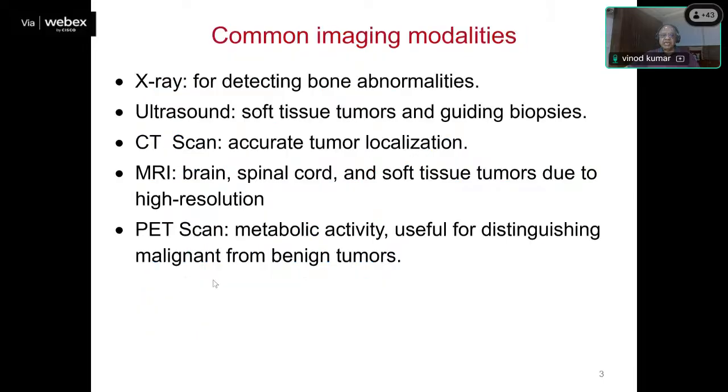So generally, in case of cancer, PET scanning is also used for differentiation between malignant and benign tumor. But PET scanning is a quite advanced type of modality. Even before that, by studying the texture, I will touch on ultrasound. We will discuss in detail.